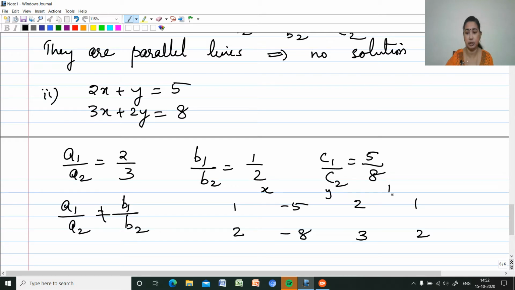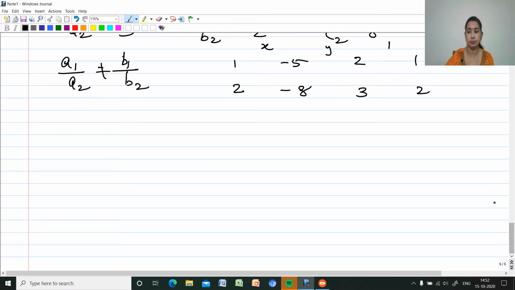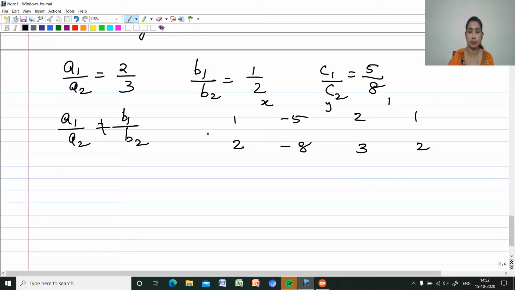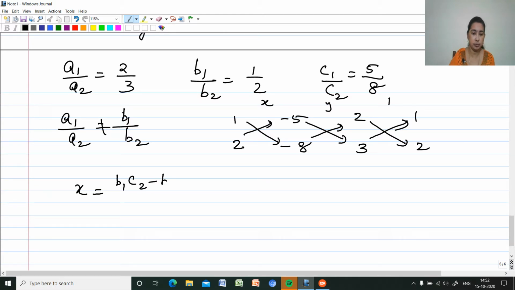Now using the cross multiplication method you multiply like this, and x can be written as b1 c2 minus b2 c1 divided by a1 b2 minus a2 b1.